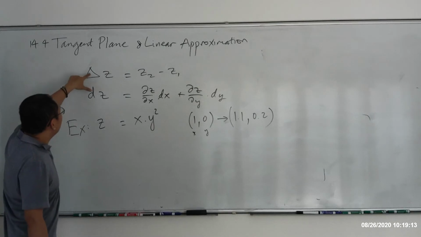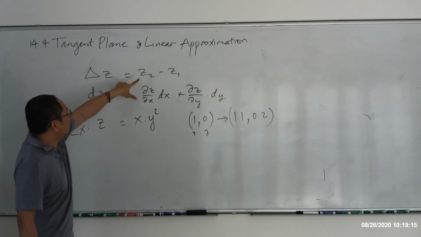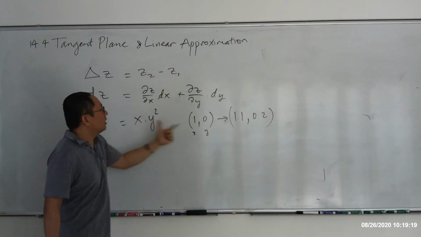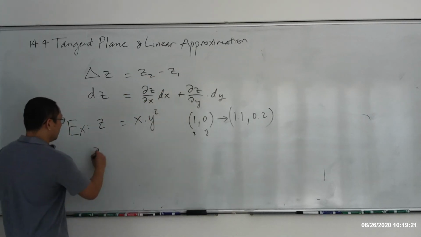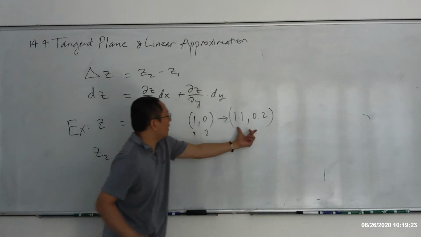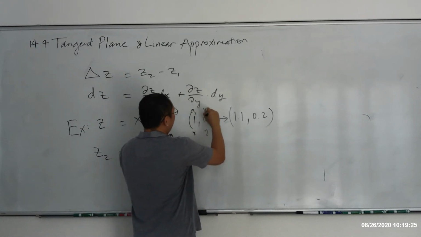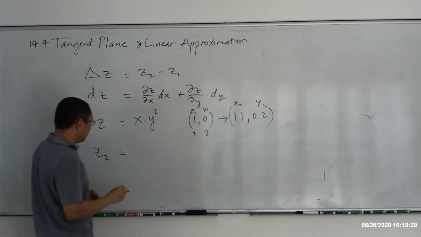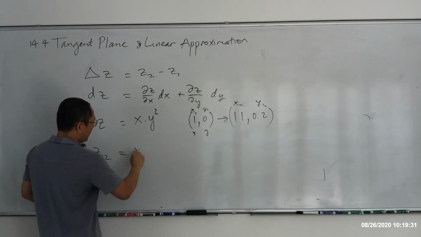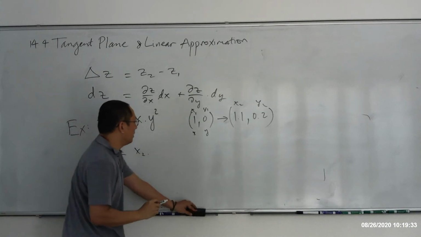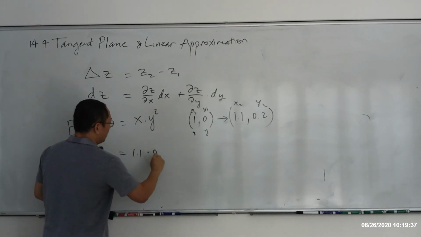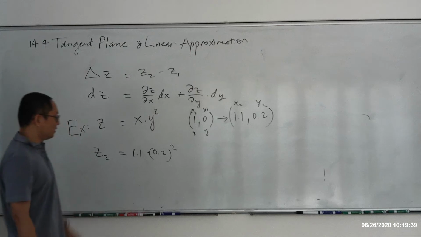For delta z, you simply calculate the final z, calculate the initial z, and subtract. So z2, this is your final, this is x1, y1, this is x2, y2. z2 is x2 times y2 squared, so plug in the numbers: 1.1 times 0.2 squared. This is your z2.